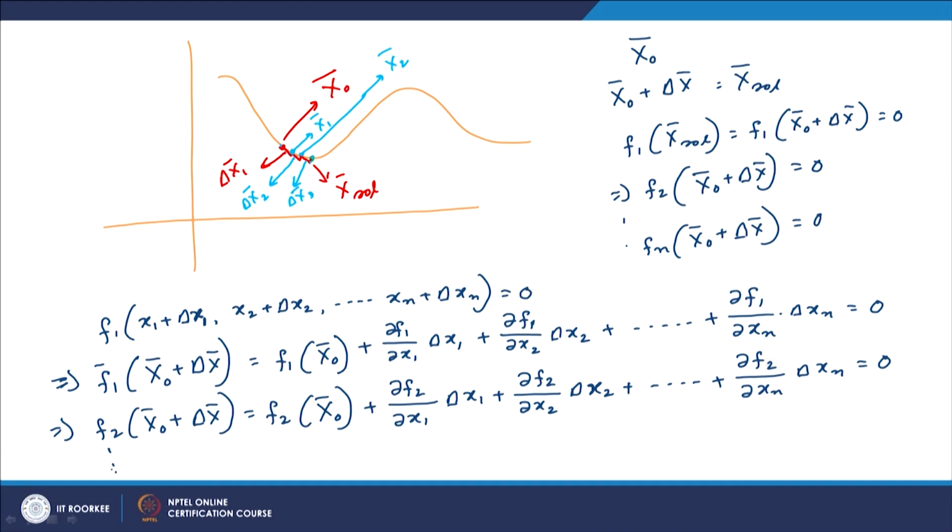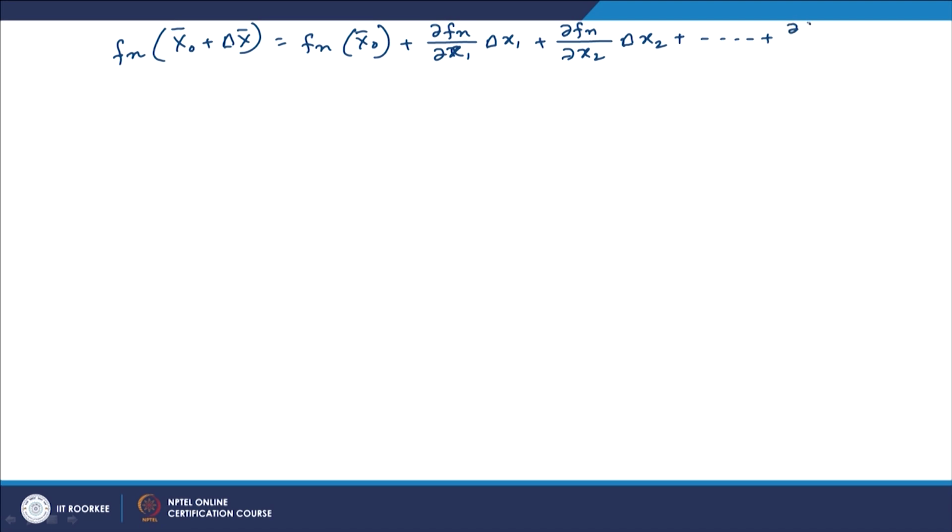Similarly, we do this operation for all of them. So fn of x naught plus delta x is equal to fn of x naught plus del fn del x1 into delta x1 plus and so on, del fn del xn delta xn is equal to 0.